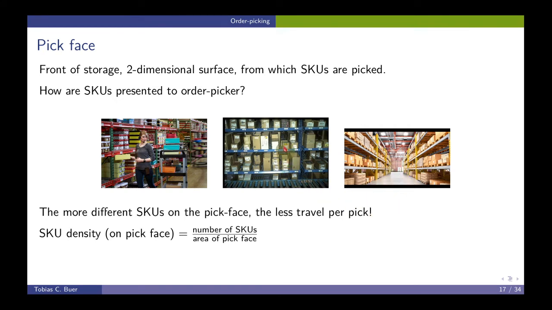So that means the pick phase density or the SKU density in the picture in the middle is high, on the right it is very low.